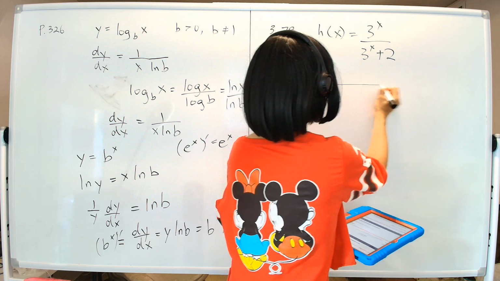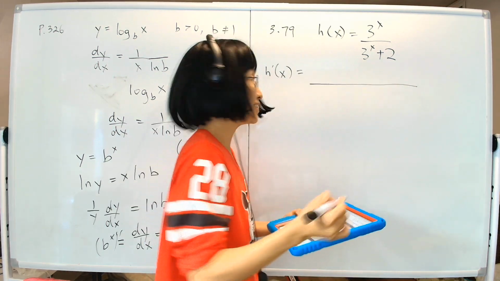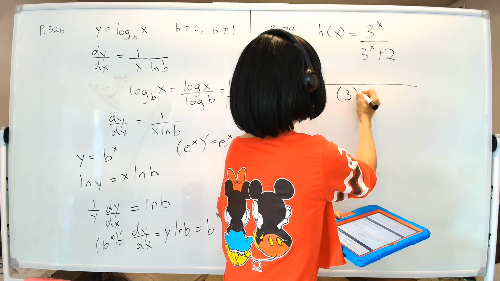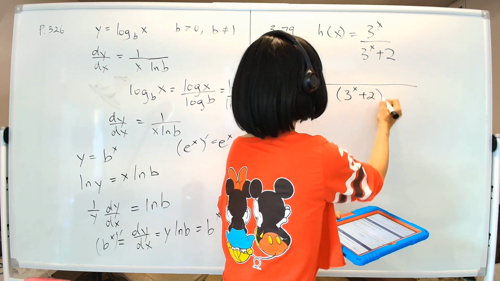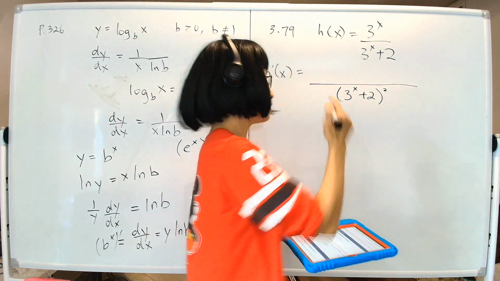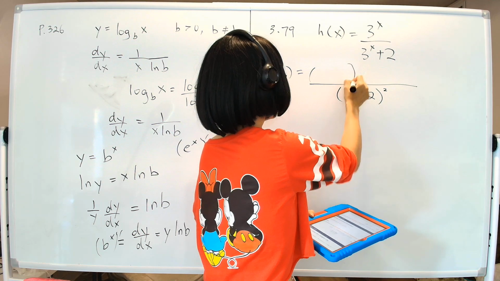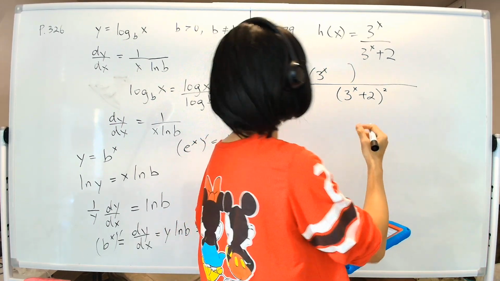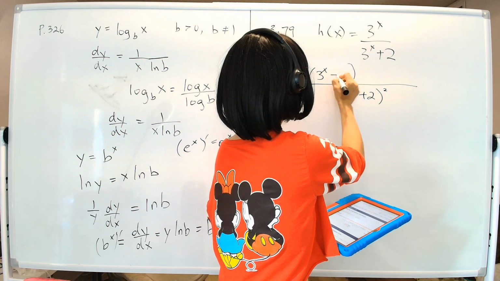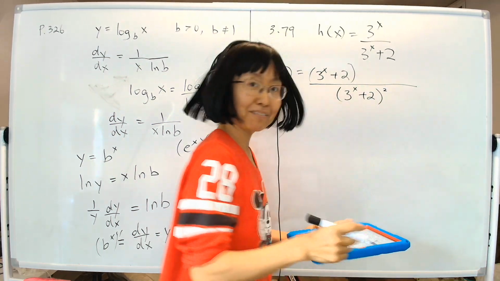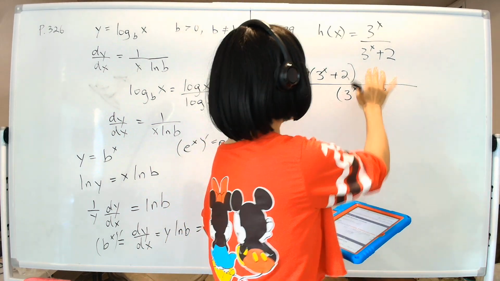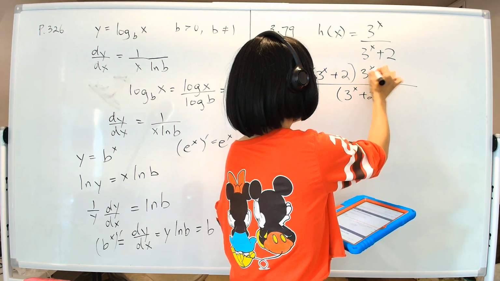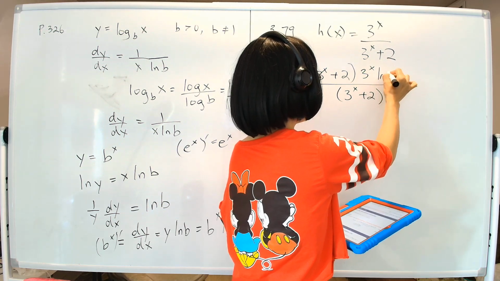Now this thing is a quotient, so we have to do the quotient rule, which says you have the denominator squared, and then you take the denominator, write it down. The quotient rule requires quite a bit of patience, but if you just do it like you're supposed to, everything should work out. Denominator times the derivative of the numerator, which is the thing itself times the natural log of the number.